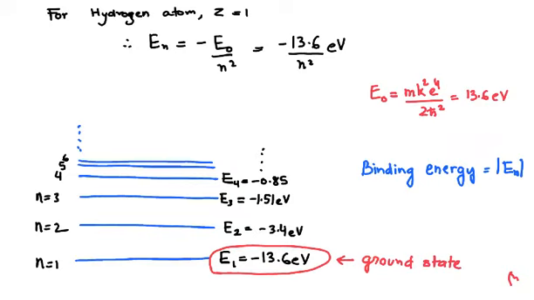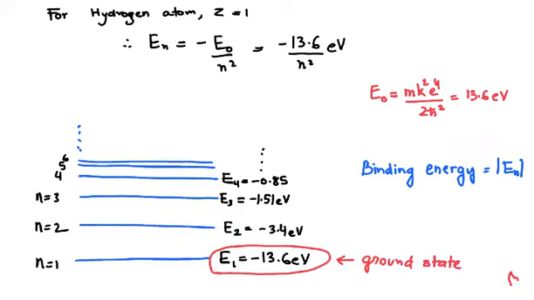Another important point is, let's say an electron is in a particular nth orbit, then what is the binding energy of that electron in that orbit? Binding energy is the energy required to remove the electron from that orbit.